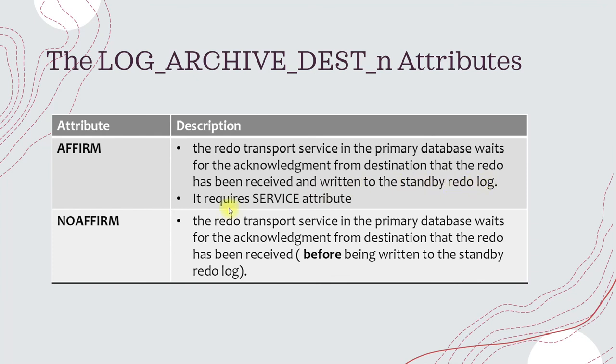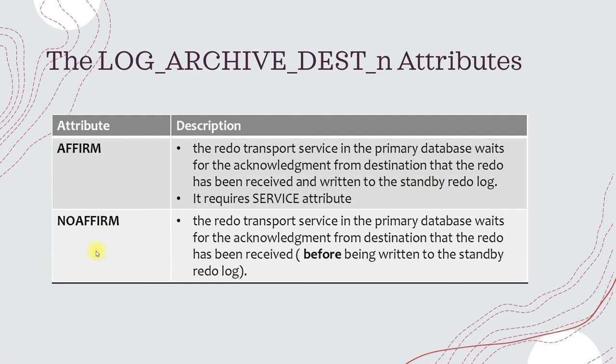Okay, so it requires a service attribute. That's what we discussed during the sync operation. In the sync operation, we already know that the redo transport service in the primary database will wait for the acknowledgement that everything is written and saved into the standby redo logs.